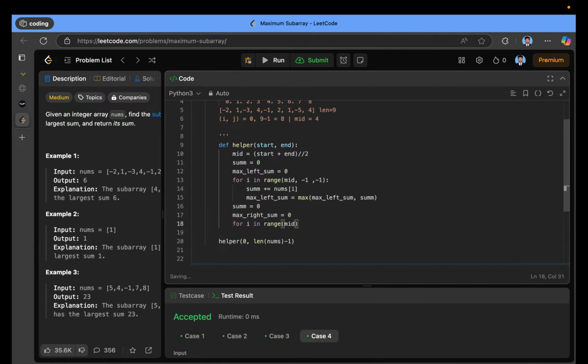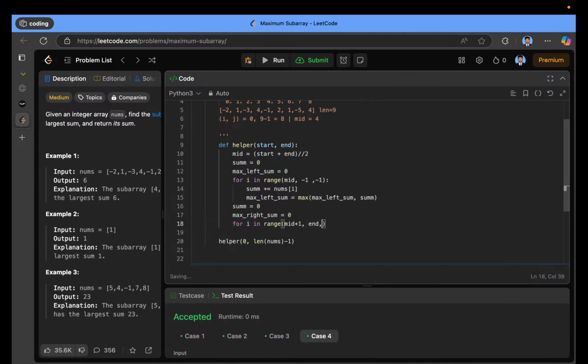Because I have already taken the mid, I will start with mid plus 1. And this time I have to go up to the end, plus 1.